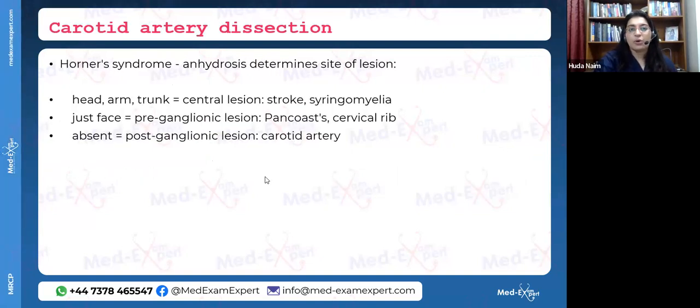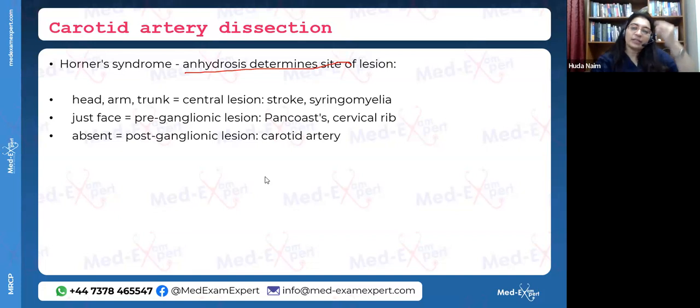Very good. So Horner syndrome and anhidrosis, basically the absence of sweating, tells you where the lesion is. Okay. There was a question that just went by. Somebody asked about sweating. So sweating would basically tell you where the lesion is. If there is absence of sweating everywhere, no sweating on the face, the arms and the trunk, that means there's a central lesion.